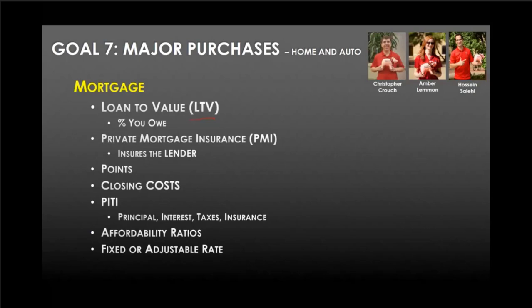We talked a little bit about points in the book. You're not going to see anything about points on the exam, but it is good to know. You can buy points to lower your interest rate. So if the bank says, I'm going to offer you a 5.2% interest rate, you could maybe lower that by buying points up front. Is this good or bad?